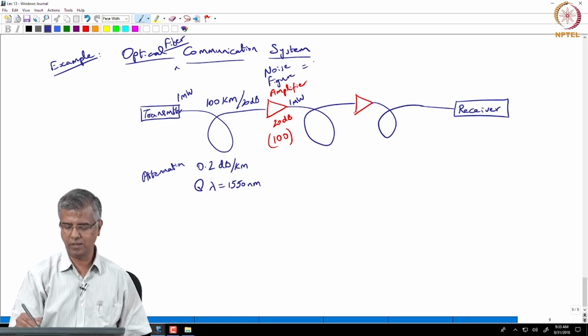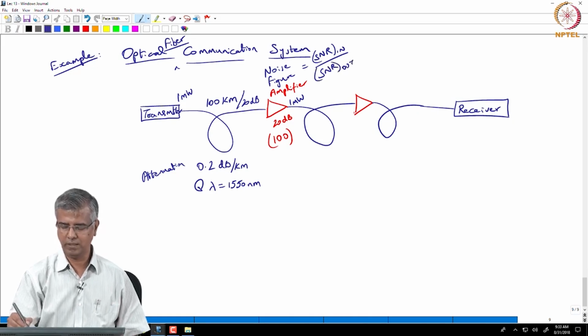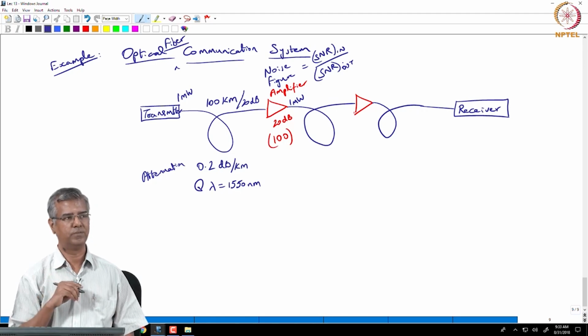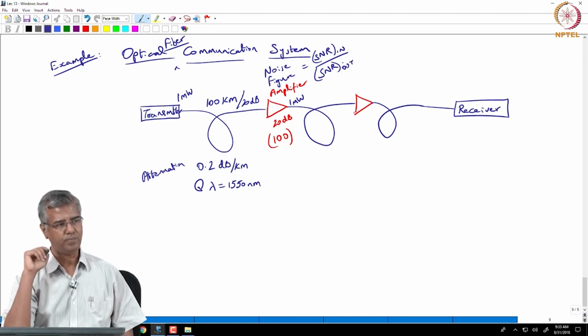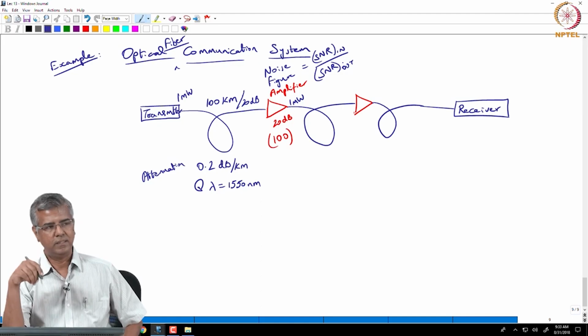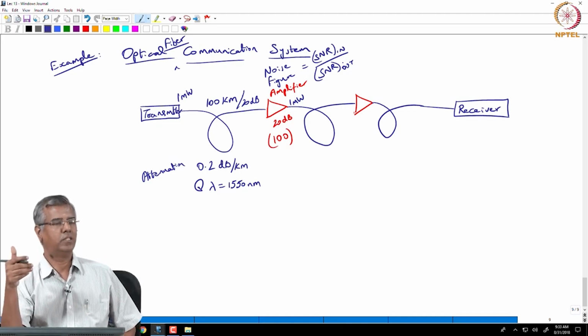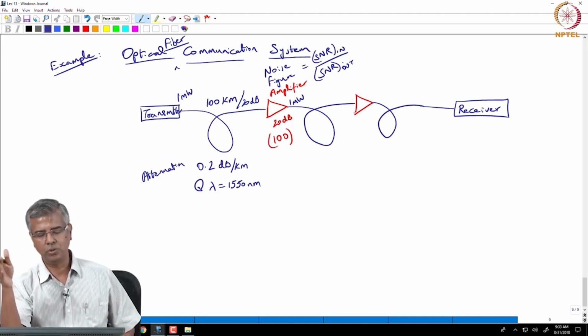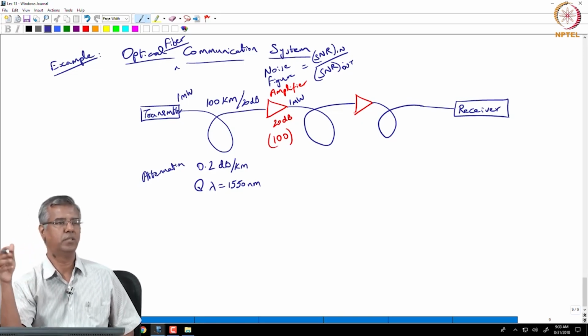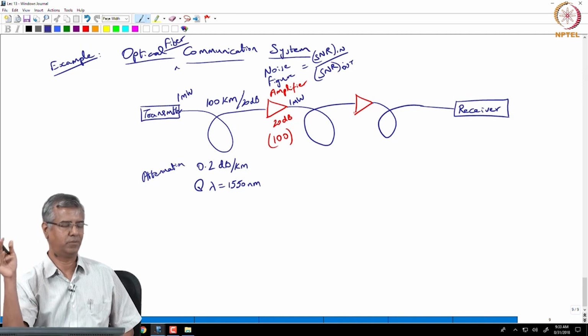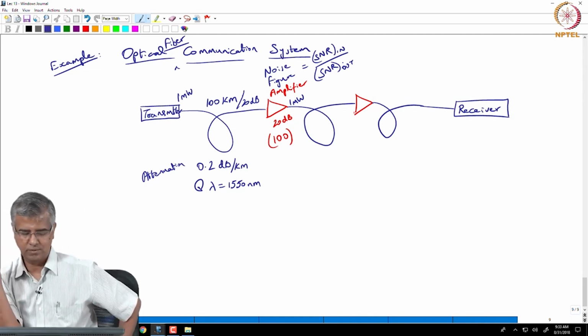So, what is noise figure? SNR at the input divided by SNR at the output. Okay. So, they add their own noise to it. So, you would see that the signal to noise ratio is degrading as we go further down that system.